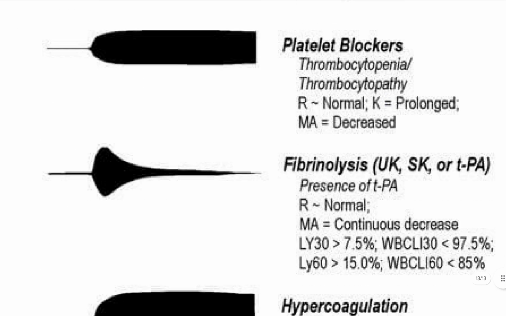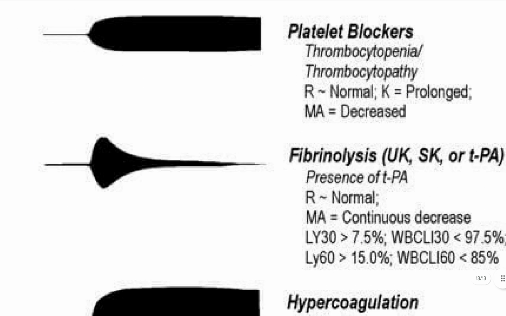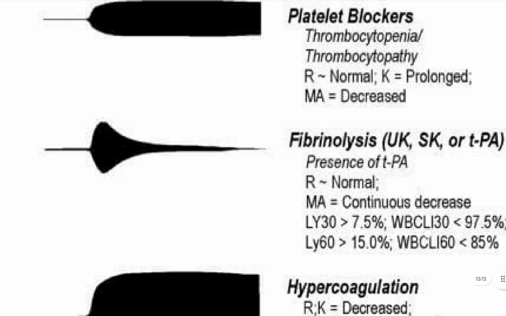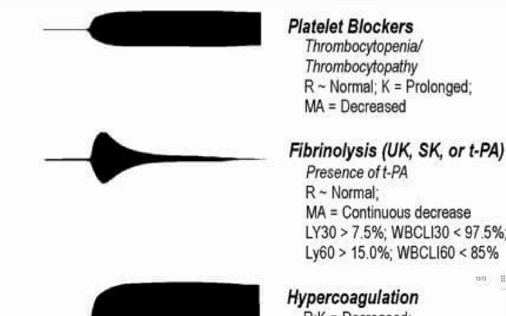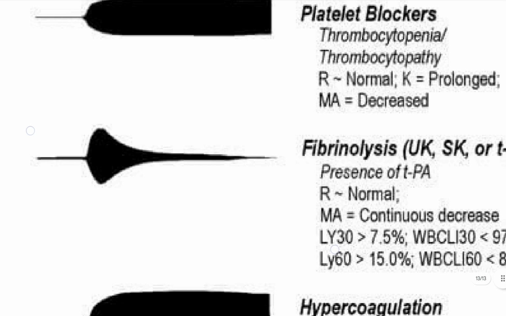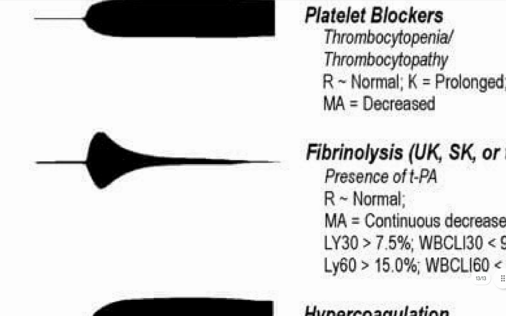Coming to the fourth one, if the patient has a hyperfibrinolytic state because of tissue plasminogen activators, the patient will have a normal R time, but the maximum amplitude continuously decreases and LY30 is achieved very fast. So our thromboelastography will have a pointed sickle shape. LY30 will be achieved within 7.5%.